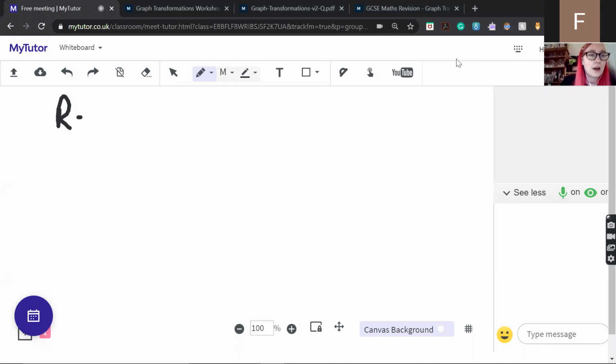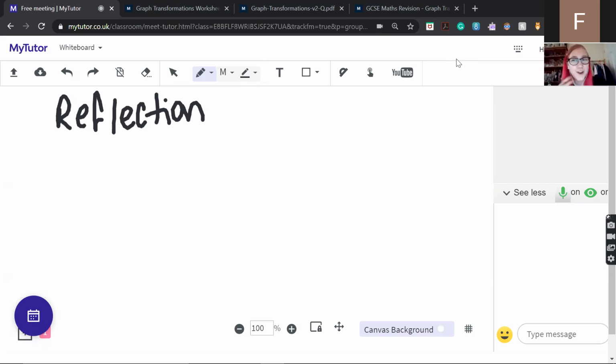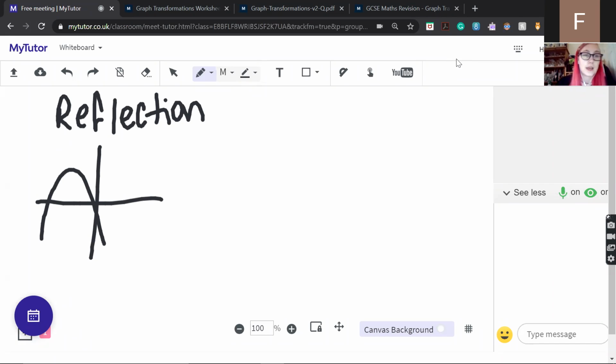So I'm going to do some very brief sketches. These are not going to be good graphs, but they'll be good sketches. So say we have a curve like this, and we want to reflect it. Now, a lot of these have some technical terminology that comes along with them.